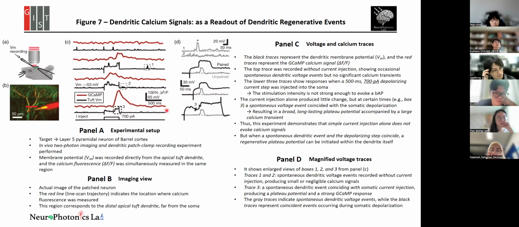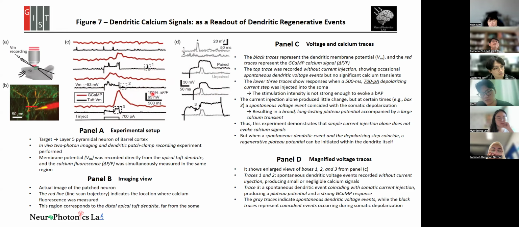And panel D presents the magnified view of the voltage trace at the dashed line box. And trace 1 and 2 show the spontaneous dendritic voltage events recorded without current injection and producing small calcium signals.